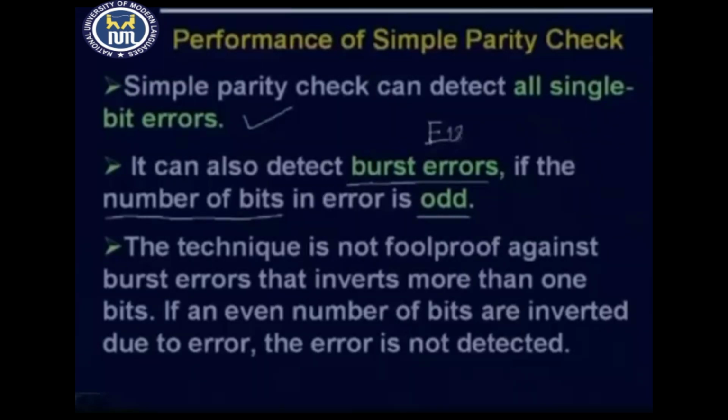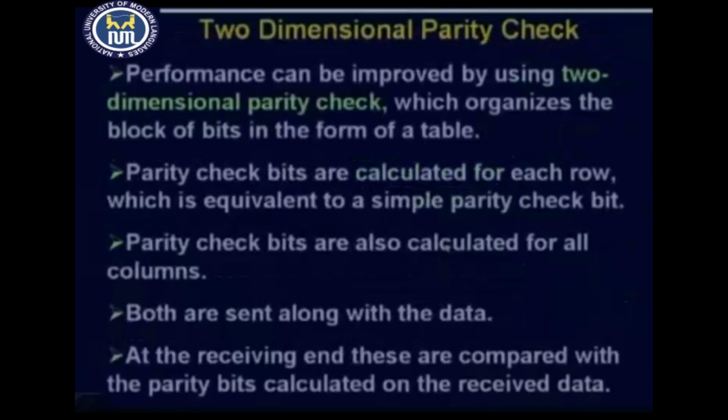So if the number of bits is even, for example if one bit is changed to 1 and another bit is changed to 0, then the corruption is there but we cannot detect it. The simple parity check cannot detect it. So we find that this technique is not fruitful for burst errors if there is more than one error. If an even number of bits are inverted due to error, the error is not detected by this simple technique. To overcome this limitation, we can use the two-dimensional parity check.